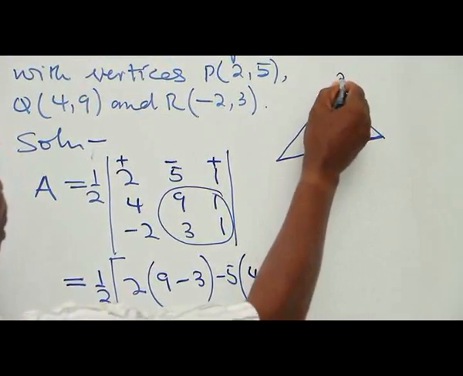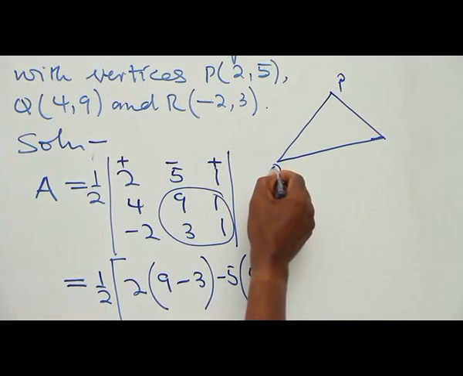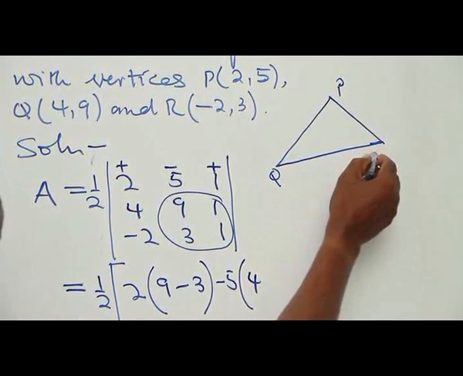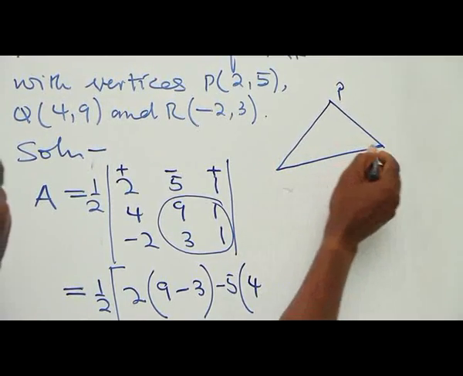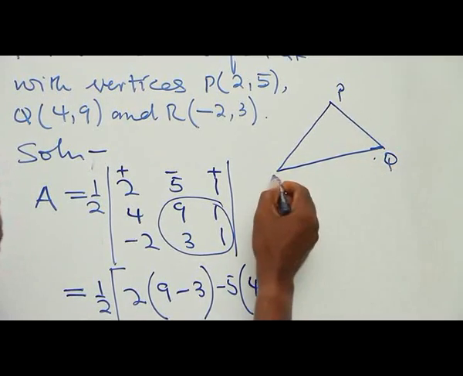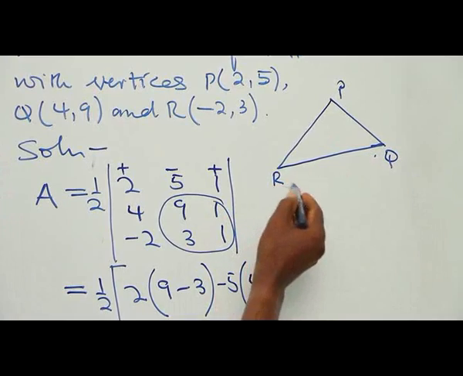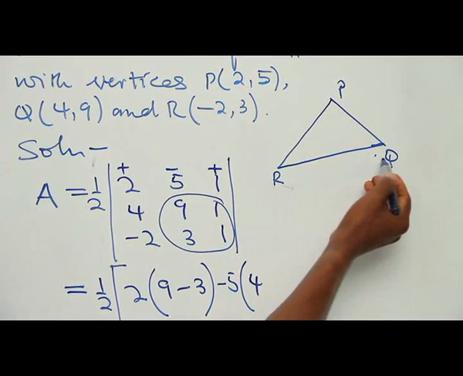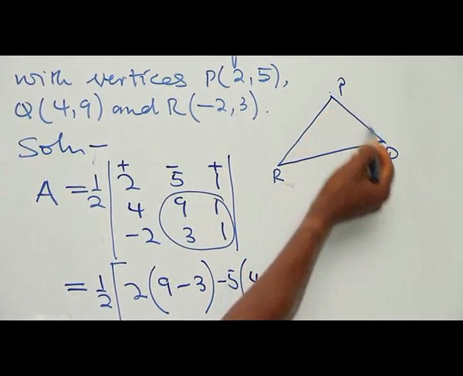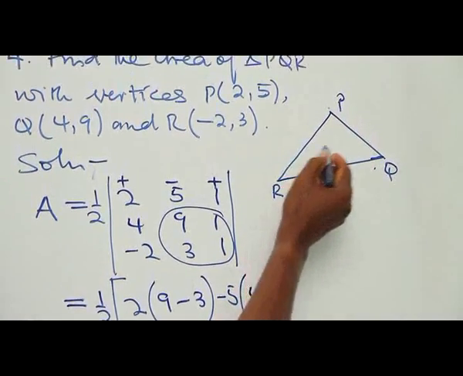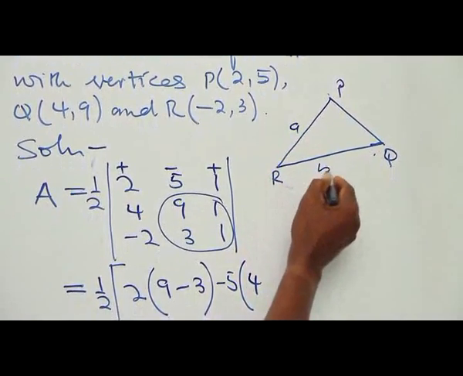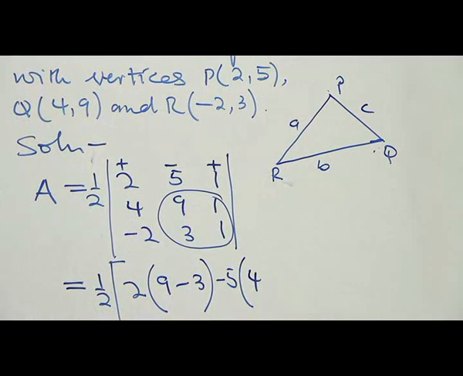This is your point P, maybe this is your Q, and maybe this is your R. I'll take it this way, P, Q, and R. By distance formula, you can find the distance from here to here, you can find the distance here, you can find the distance here. Suppose this is A, B, and C.